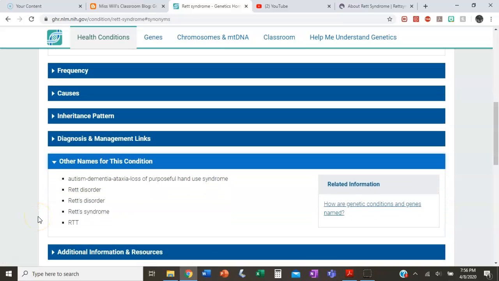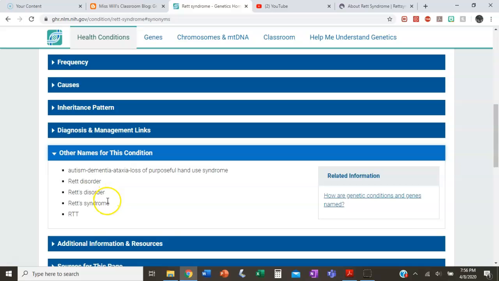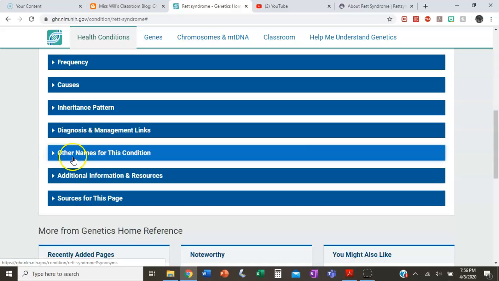Very helpful. And here we have a list. Yes, it's Rett syndrome, but there are also other names here: Rett disorder, Rett's disorder, RTT, autism, dementia, ataxia, loss of purposeful hand use syndrome. It's a rather long name, but again, this website is really helpful because we have the information about the other names right on this page.